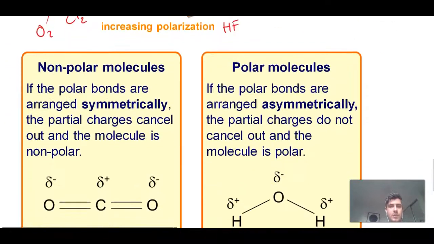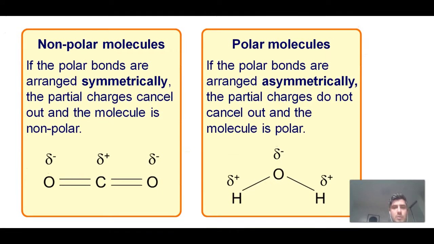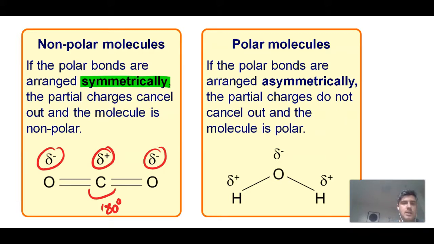Lastly, for this section, we're going to talk about when you do have polar bonds, how symmetry plays a big role. So as you can see here, this is a symmetrical molecule. This goes back into your VSEPR theory where you're looking at shapes. Because of the linearity of this molecule, it goes in a straight line, and this is 180 degrees. It's a perfectly symmetrical molecule. So even though there are polar bonds, there is equal amount of pull on the electrons going that way as there is going that way.